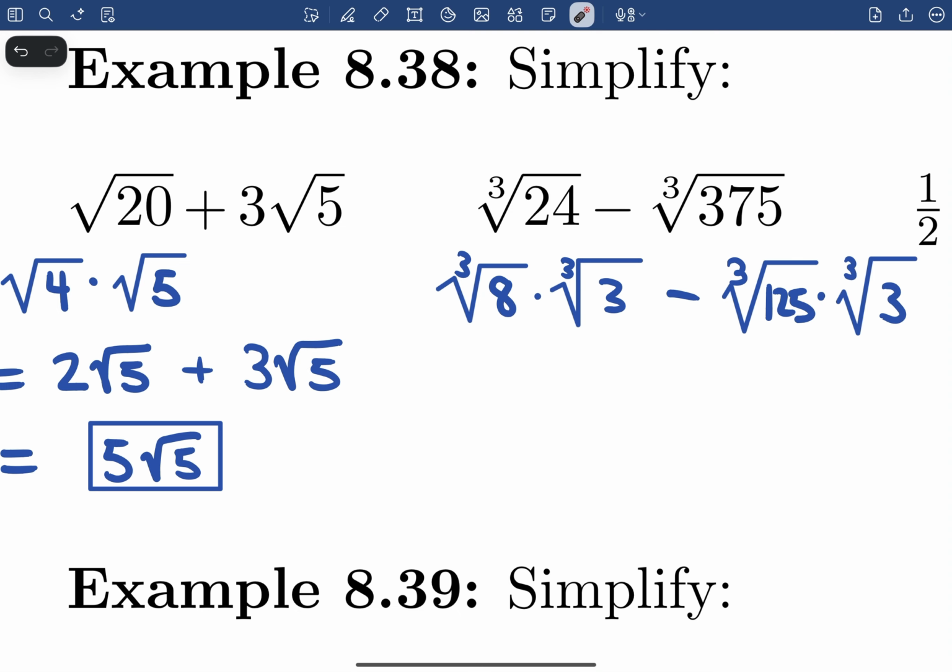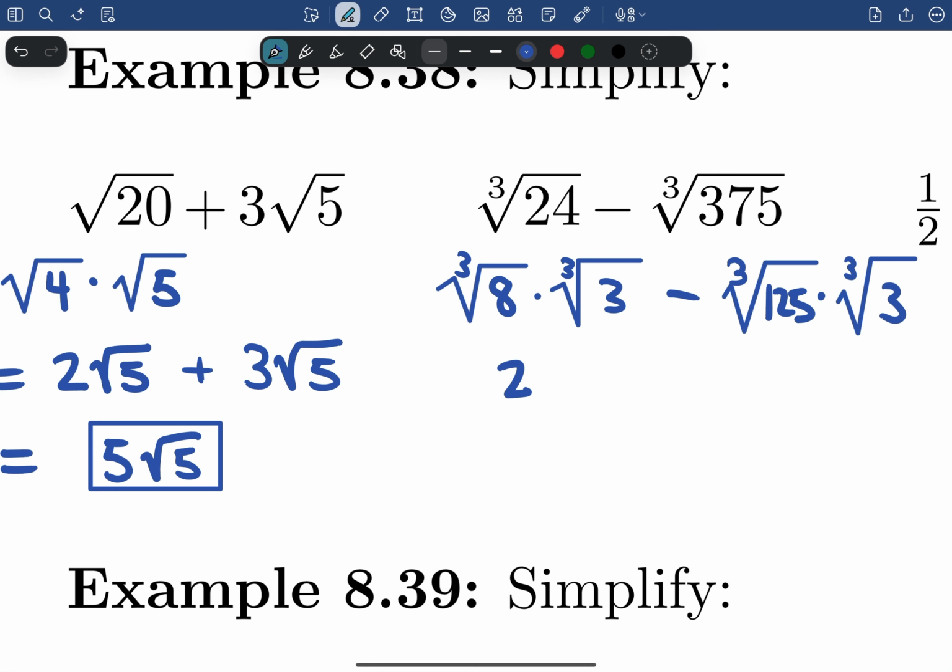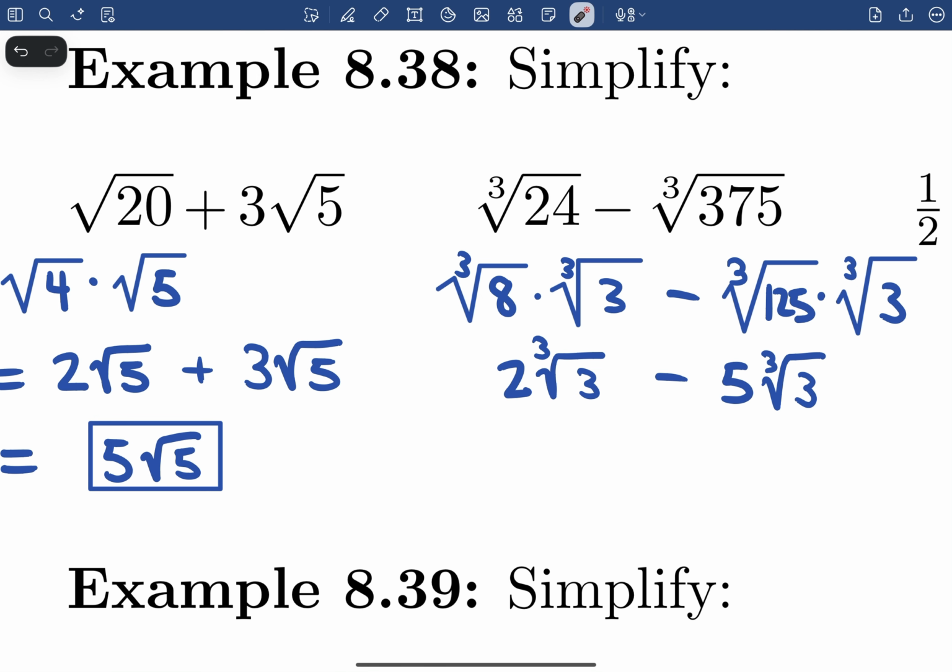All right, so the cube root of 8 is 2. And so I get 2 multiplied with the cube root of 3. And now I'm subtracting the cube root of 125, which cleans up to 5, which is multiplied with the cube root of 3, right, the leftovers. And so now I notice I have 2 cube root of 3 minus 5 cube root of 3.